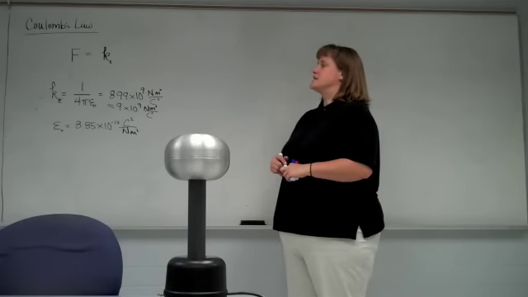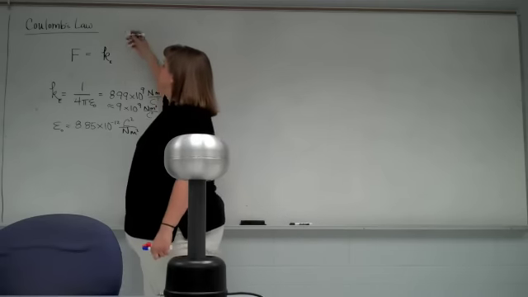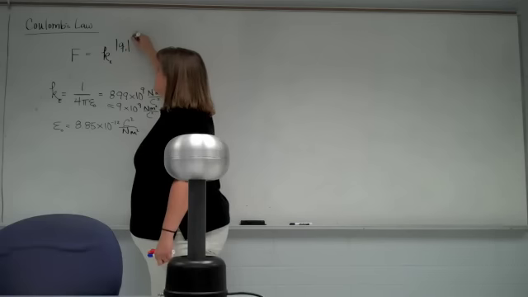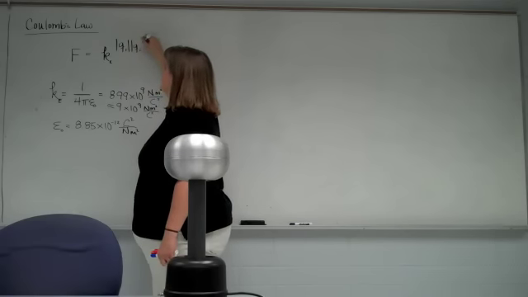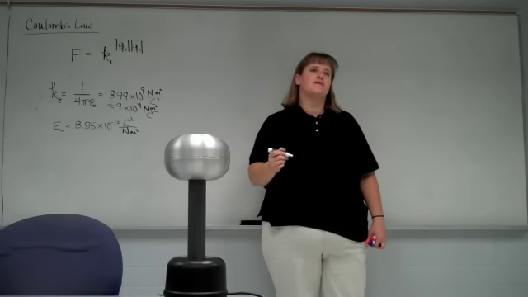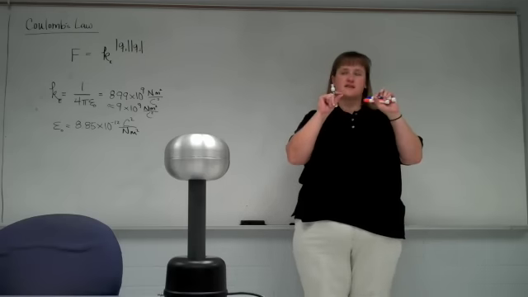The actual physical quantities that help determine the force are the charges involved. Now, we're going to use the magnitude of the charges, and I'll explain to you why. So Q1 and Q2 just represent the amount of charge each of your little objects have.